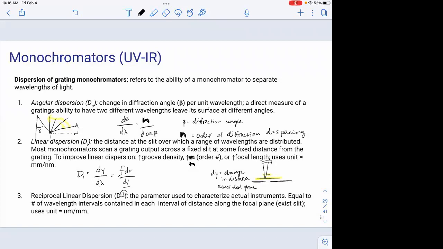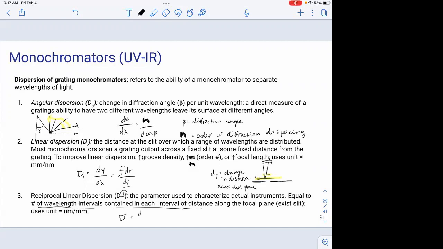Basically, it's equal to the number of wavelength intervals contained in each interval of distance across that focal plane. So reciprocal linear dispersion is exactly what it sounds like.